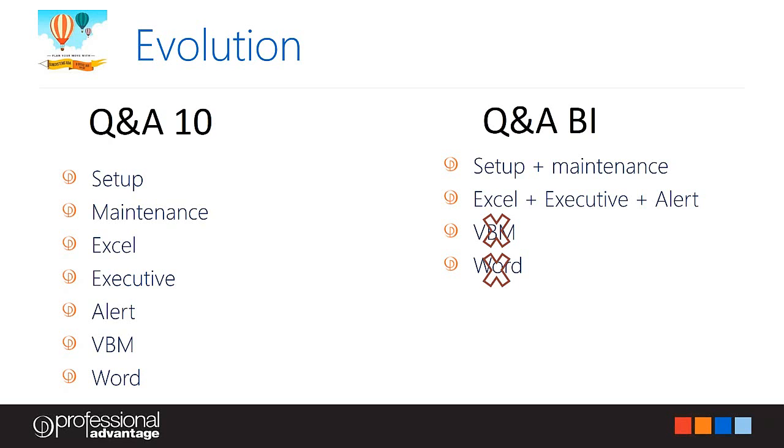The setup and maintenance utilities have been consolidated into a single setup tool. The key functionality of the Q&A Excel executive and alert components have been included in a consolidated Excel add-in. So as an example, your results analysis, breakouts, expands, drills, and your drill path maintenance have been included.